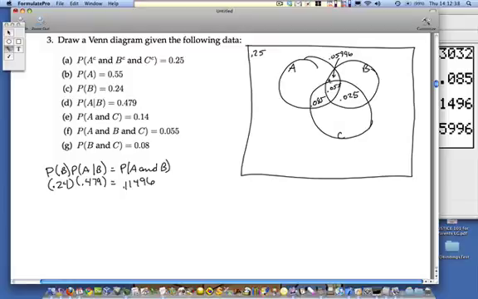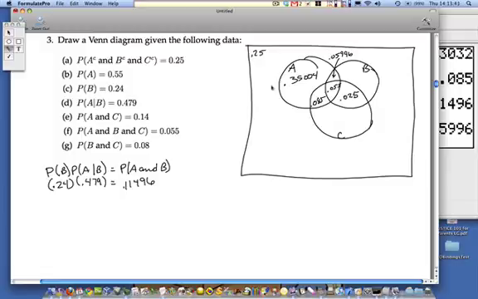Okay, the rest of it's easy, guys. Probability of A is 0.55. How much of it do we have accounted for already? If you add these three up and subtract it from 0.55, what you have left over is 0.35004. You know that probability of B is 0.24. You've already got this much of that probability accounted for.